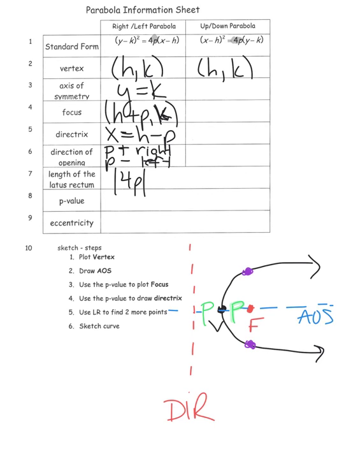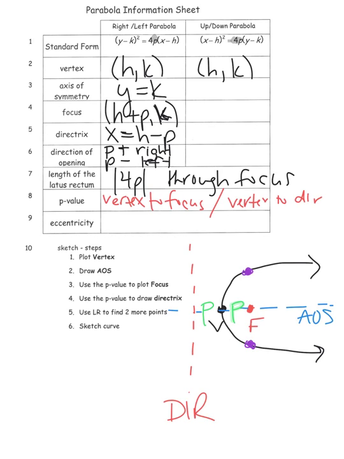And it passes through the focus. And then I talked about the p-value. So the p-value is the distance from the vertex to the focus, and it's also the distance from the vertex to the directrix.